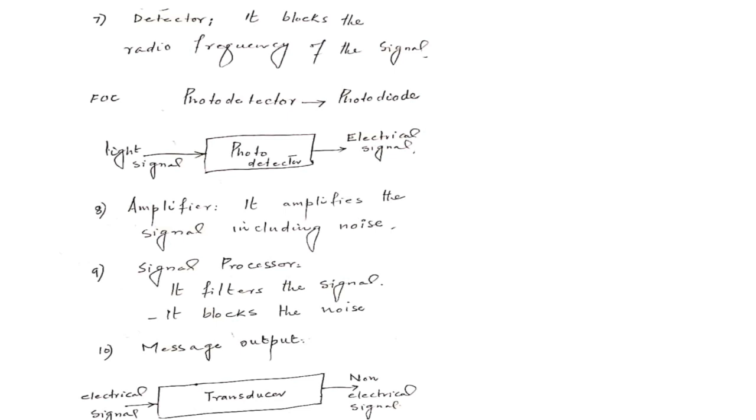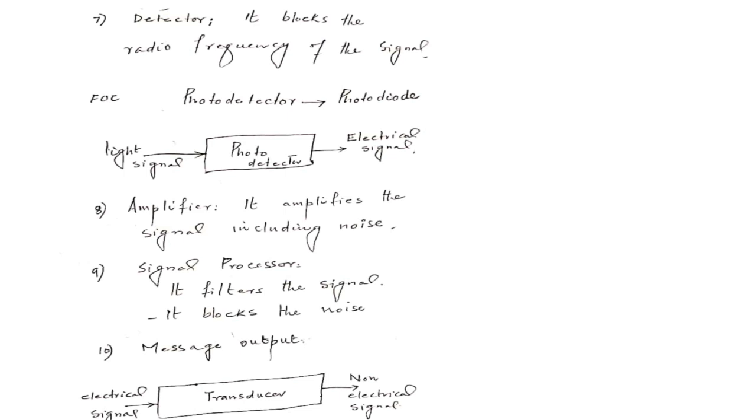The light signal is to be converted into the electrical signal, and this is the function of the photodetector or a photodiode. So, the detector in a fiber optic communication system is a photodiode which will convert the light signal into the electrical signal.